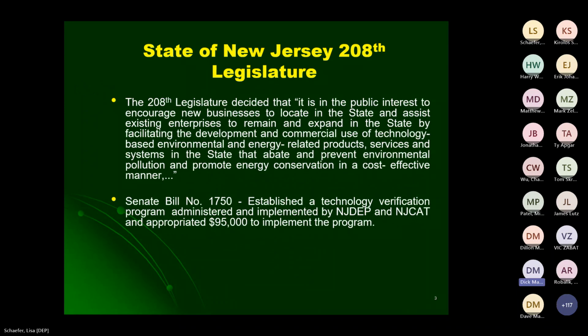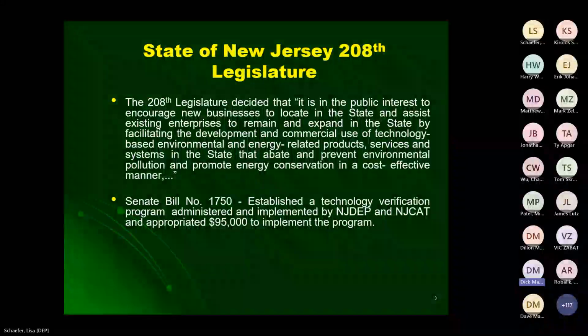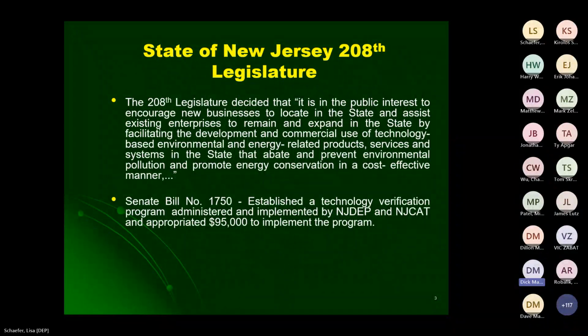Some background material. The state of New Jersey in the late 1990s had discussions ongoing between then Commissioner Robert Shinn, former Governor Jim Florio, and the Stevens Institute of Technology President Hal Raveche for the need to support the development and promotion of innovative energy and environmental technologies in New Jersey.